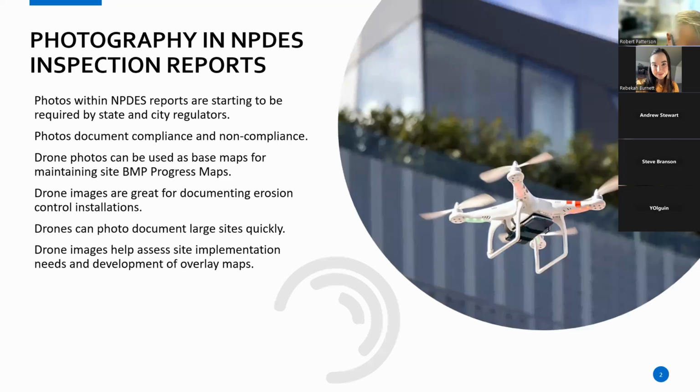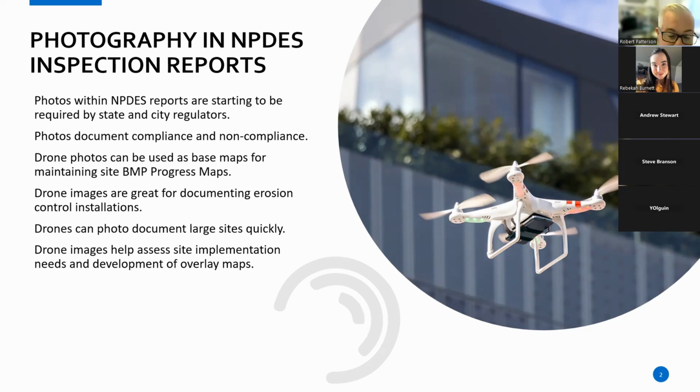They're really helpful if you're doing large installations of erosion control to look at your coverage and demonstrate that you've stabilized your site. These photos can document large sites really quickly, and they assist in developing overlay maps.